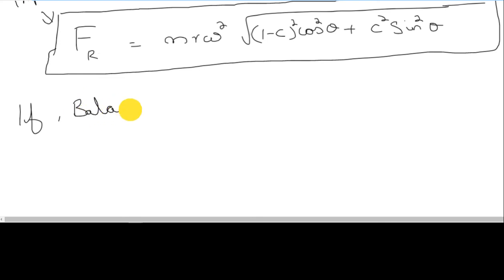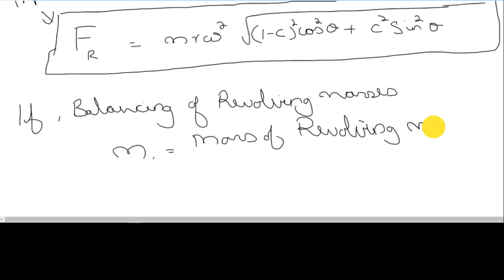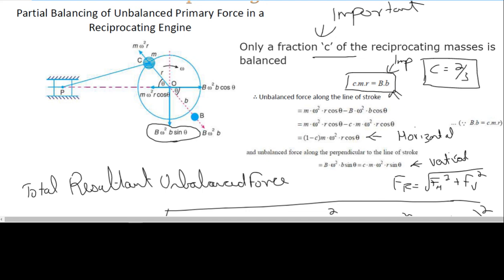And in your numericals, if it is asked to balance the revolving masses or rotating masses also, and m1 is the mass of the revolving masses, then we should modify this equation. This is only for reciprocating masses; m is the mass of the reciprocating mass.